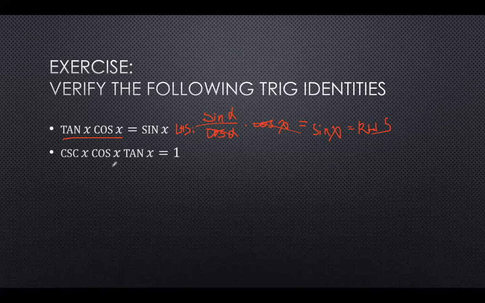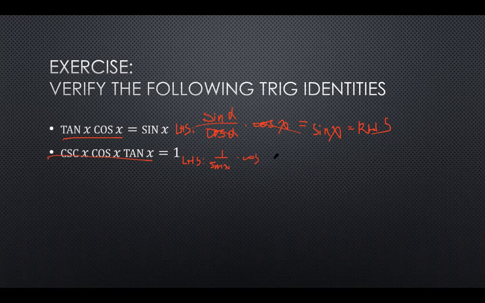For the next one, we have cosecant times cosine times tangent equals 1. We want to convert everything on the left into 1. The hint here is that everything can be canceled out. So let's convert everything in terms of sine and cosine like we did in the first one. Cosecant, if you remember, is 1 over sine. Cosine we just leave like that.